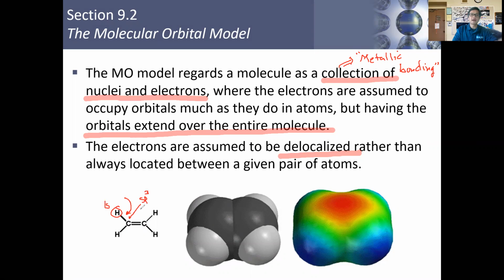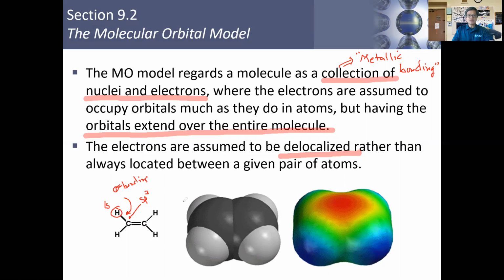This particular bond is going to be two electrons that are being shared, one electron from the hydrogen, one electron from the carbon. Remember, carbon has one electron in each of the sp3 hybrid orbitals. This is a sigma bonding overlap in which two electrons sit between these two atoms.